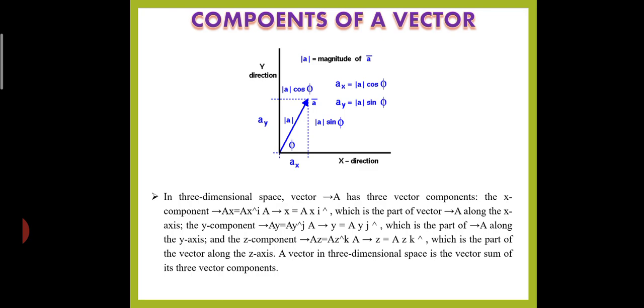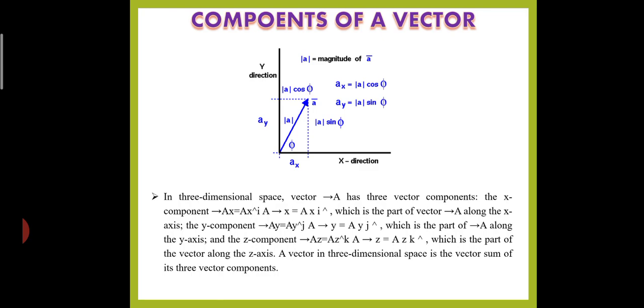In a similar fashion, a vector in a plane is described by a pair of its vector coordinates. The x coordinate of the vector is called the x component, and the y coordinate of the vector is called the y component. The vector component is a vector.